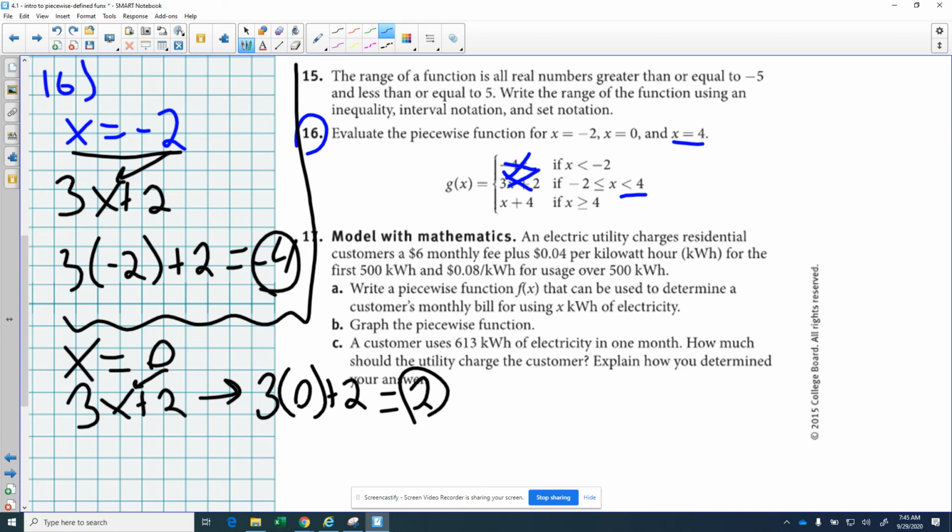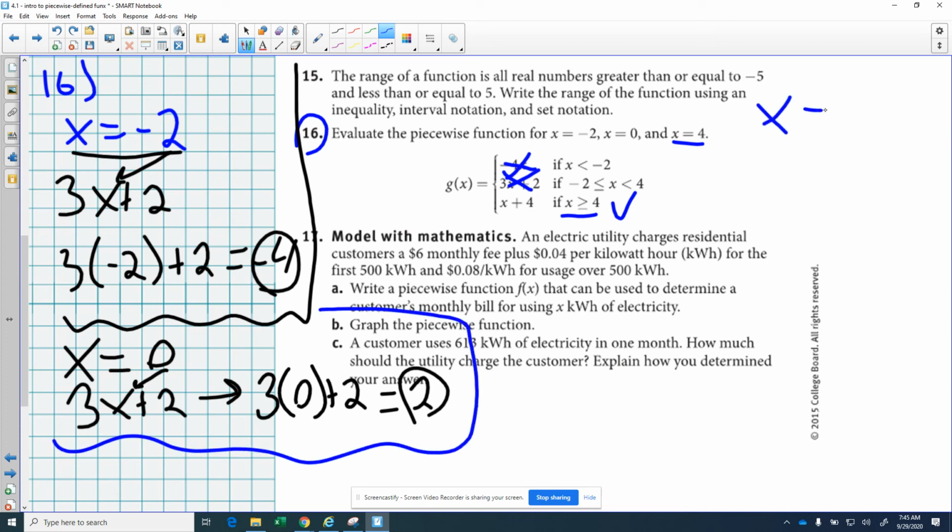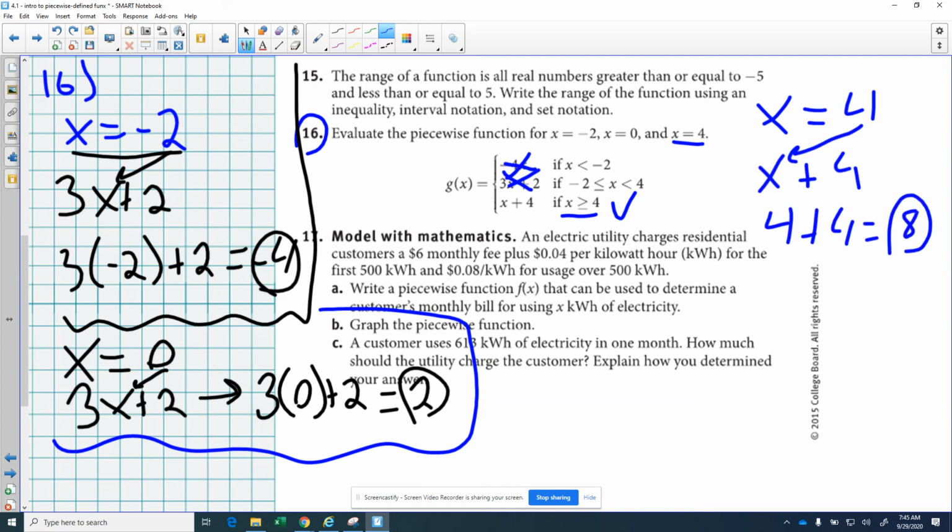So the middle one doesn't work, which basically means the last one has to work. If we look at our inequality, x has to be greater than or equal to 4. So this one does work. If I'm using the 4 value, I would plug 4 in. If x equals 4, I'd use the bottom equation, x plus 4, plug that value in to get 4 plus 4 equals 8 as my final answer.